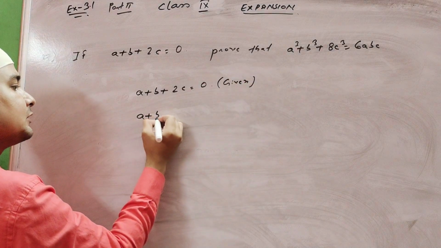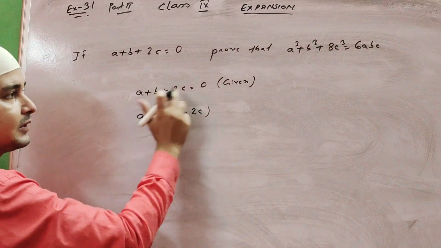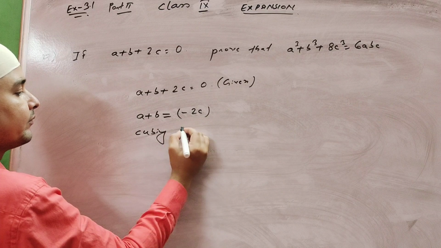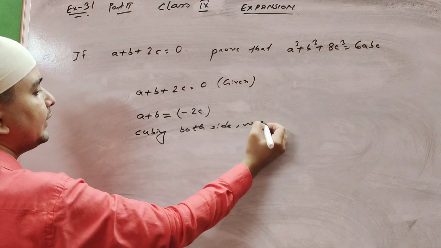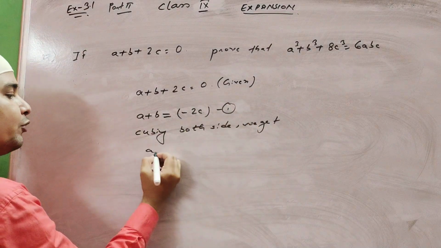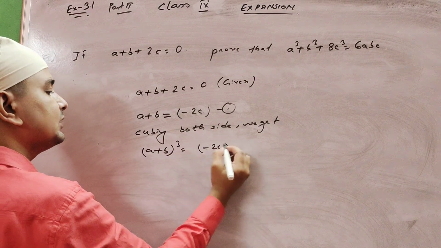So a plus b equals minus 2c. We write down this, and cubing both sides, this is our equation 1. When cubing both sides, (a plus b) whole cube and (minus 2c) whole cube.